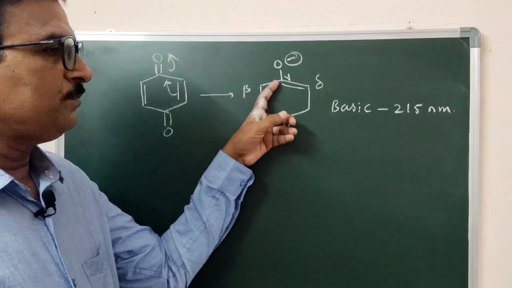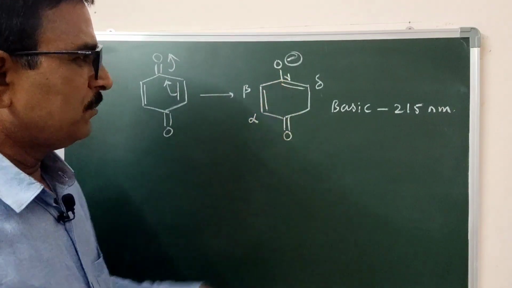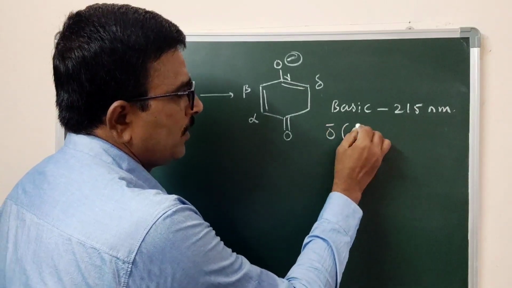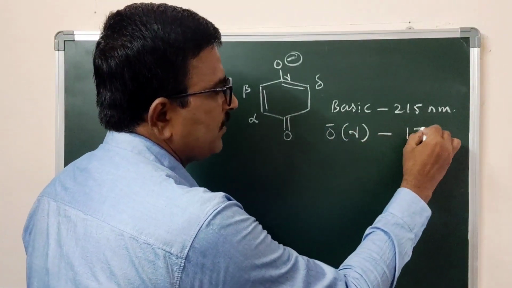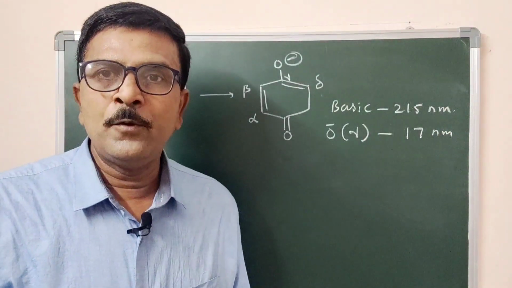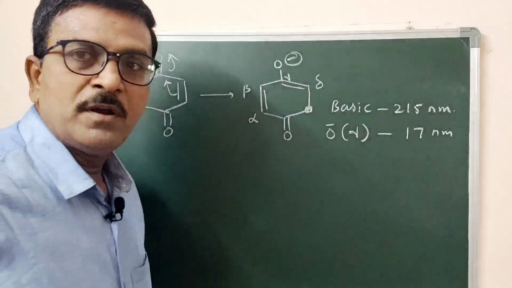Now coming to the O minus on gamma carbon atom. Here O minus oxy ion, O minus on gamma carbon, its effect will be 17 nanometer. Now this is ring residue attached to delta carbon.